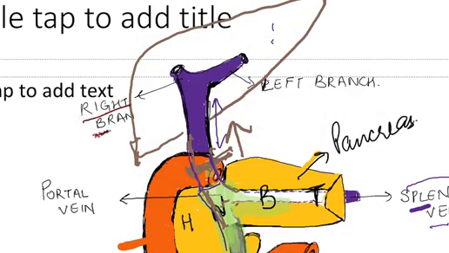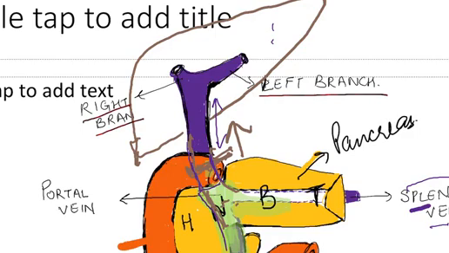See, this is the right branch and this is the left branch of the portal vein. The right branch of the portal vein is comparatively shorter and wider, and the left branch of the portal vein is comparatively longer and narrower. So the portal vein ends into the right branch and left branch. It enters into the liver via the porta hepatis.